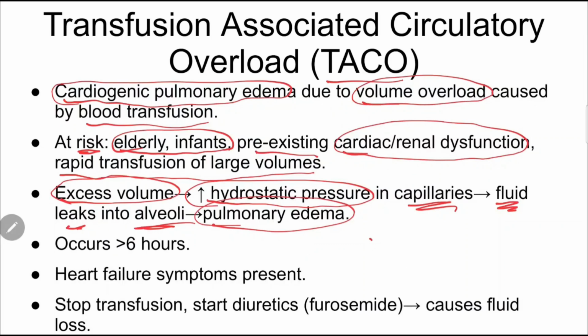Because let's say that this is your heart, right? And let's just divide this. Okay, so this is left atrium, this is left ventricle, this is right ventricle, this is right atrium. So what happens is that from the right ventricle you send the blood to the lungs, right? And then from the lungs they come back into the left atrium. So let's say you have a heart pumping problem, right?